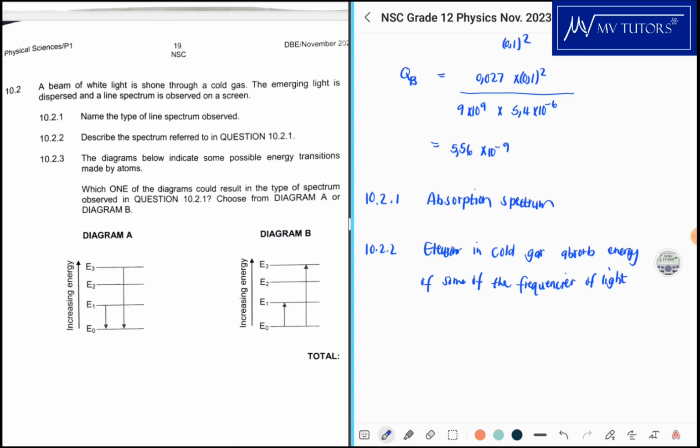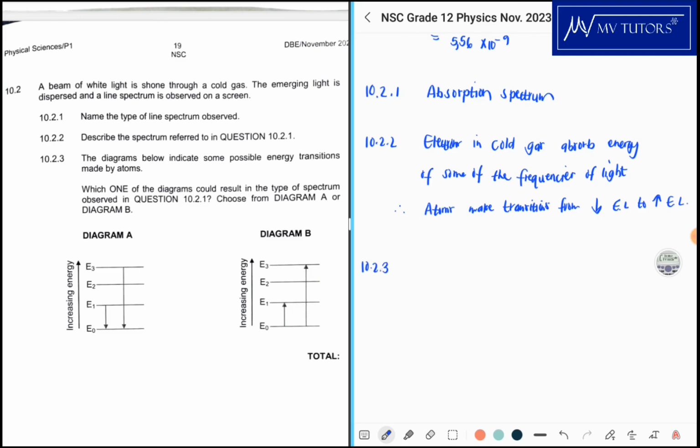And another thing is the atoms then make transitions from lower energy levels to higher energy levels. So the atoms there make transitions from a lower energy level, I'm just going to say EL, lower energy level to a higher energy level. Okay, and that's that.